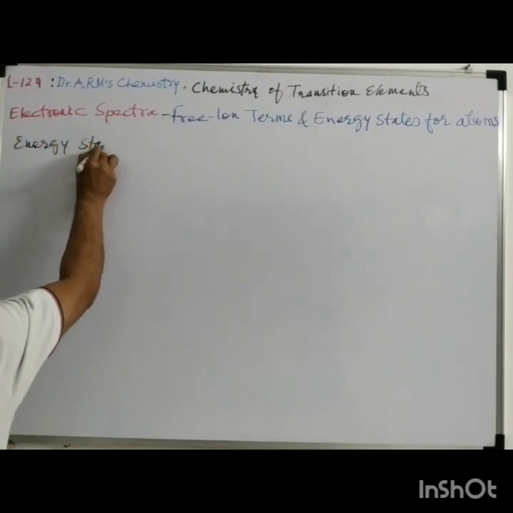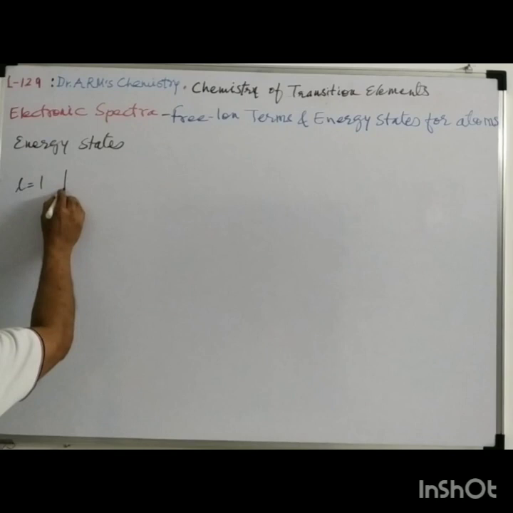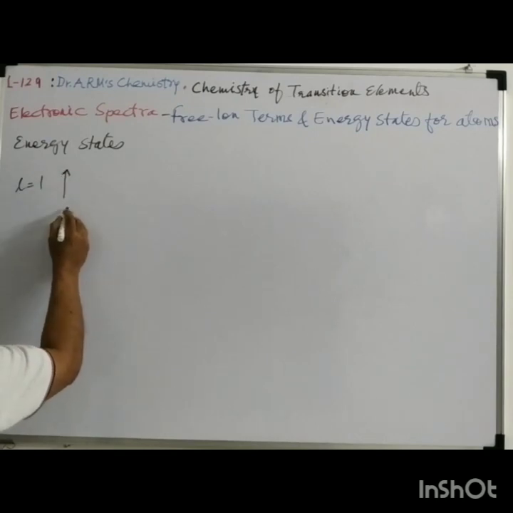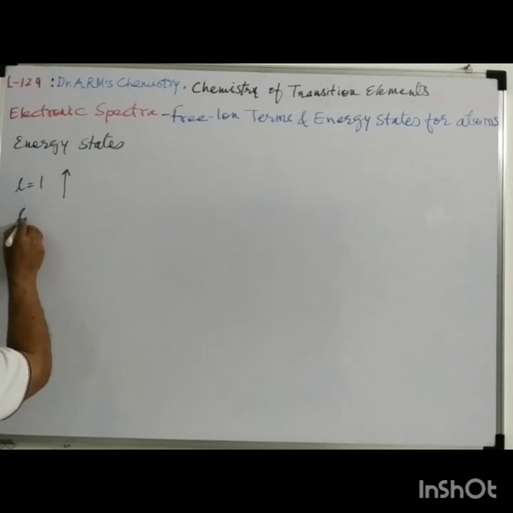If we consider these L values as equal to 1, it is represented by an arrow, say of this length, and again L is equal to 1.